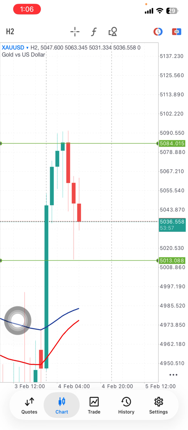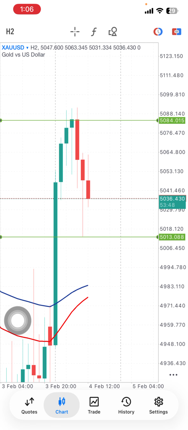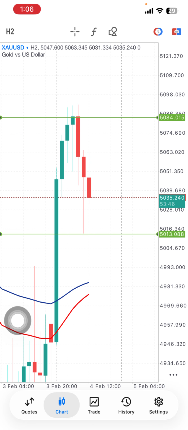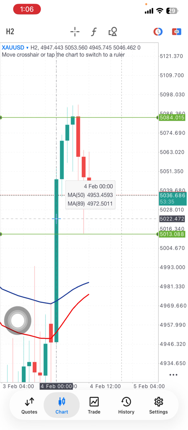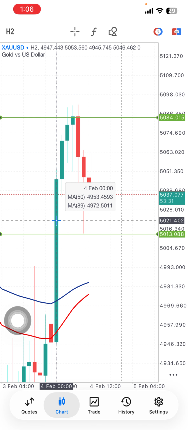On the 2-hour time frame, you can see the same resistance the market created, and then the rejection that the market has made. And don't forget that in the 2-hour time frame, we are seeing something beautiful. This particular huge bullish candlestick created a fair value gap.